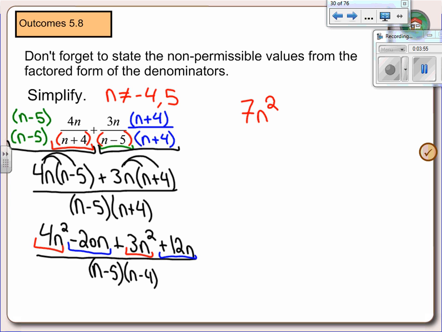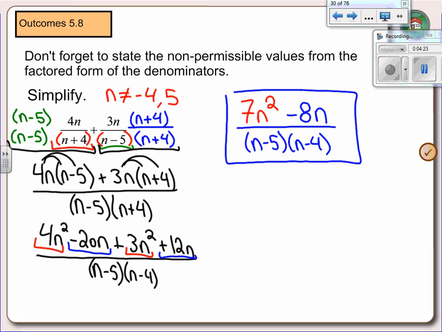That's going to be negative 8n. And on the bottom, we still have n minus 5 and n plus 4. Now that there's nothing else we can do, there's no more simplifying that would help us, we're done. That's a good final answer.